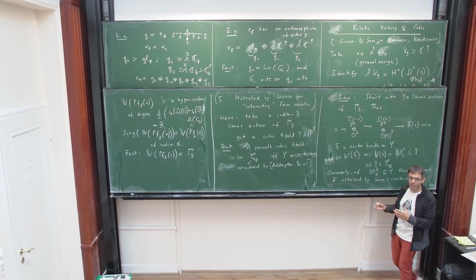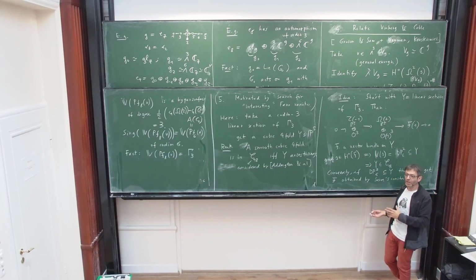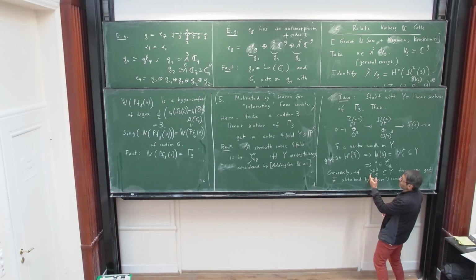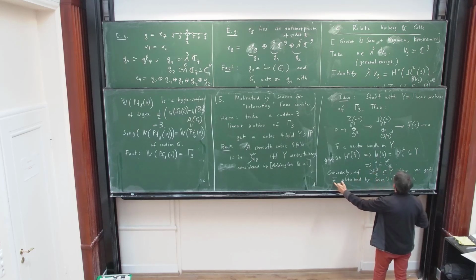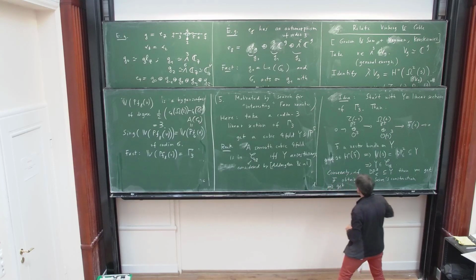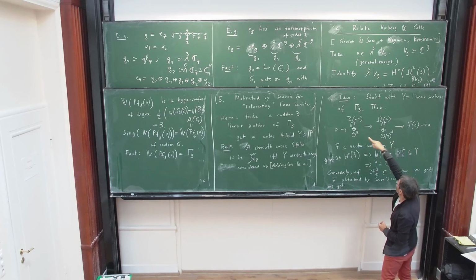It generalizes the correspondence between divisors and line bundles. And so from such a surface you obtain F, and then from F you obtain this resolution.